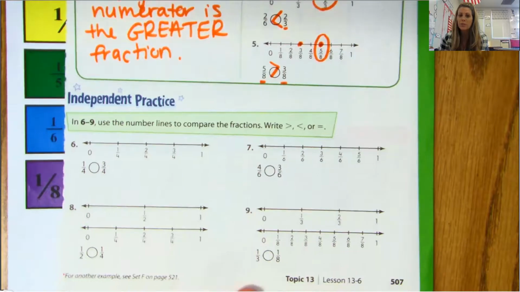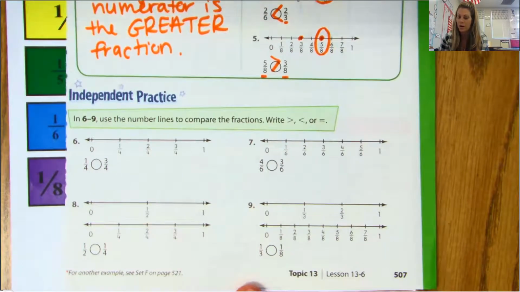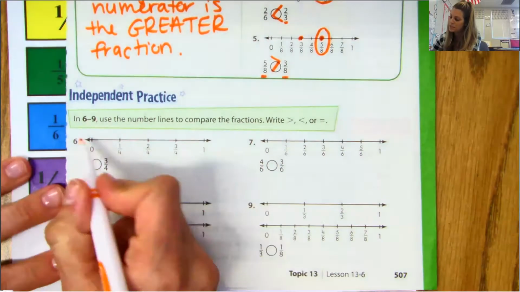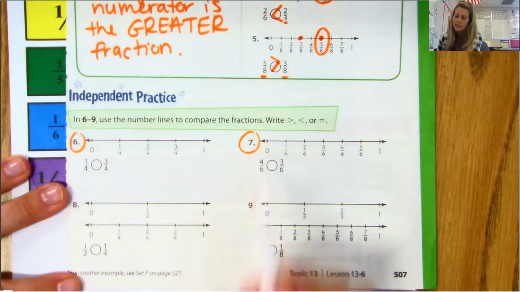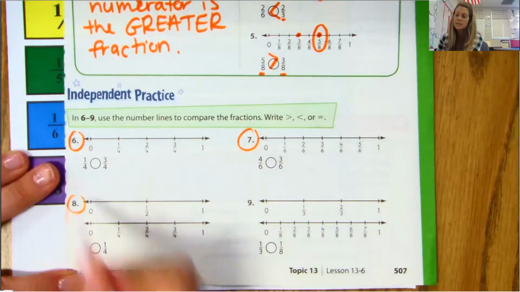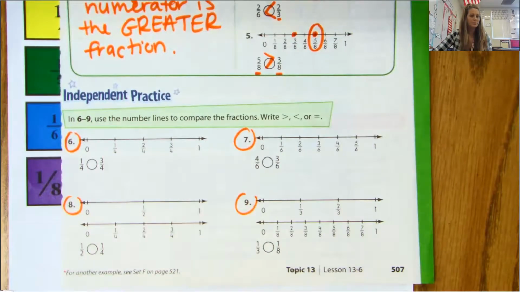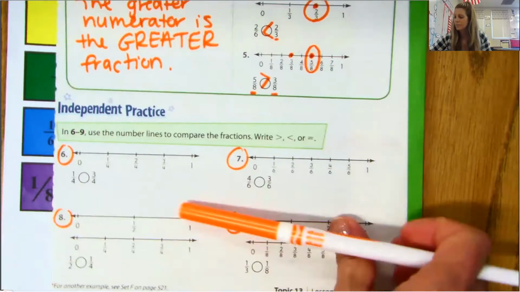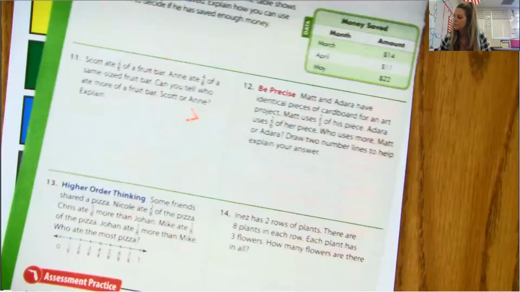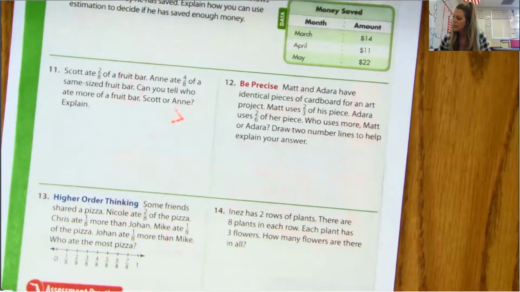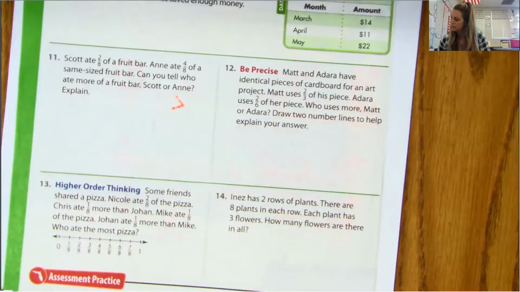So I am going to go ahead and have you work on number 6, number 7, number 8, number 9, okay? And then flip it over. And let's see here.